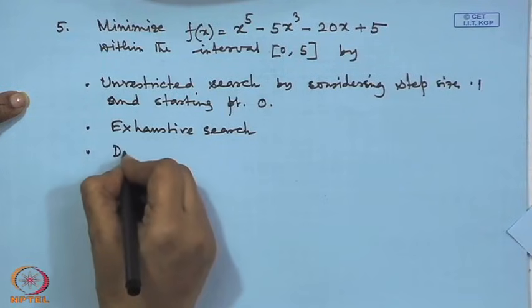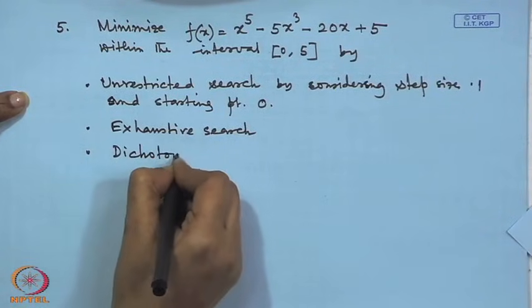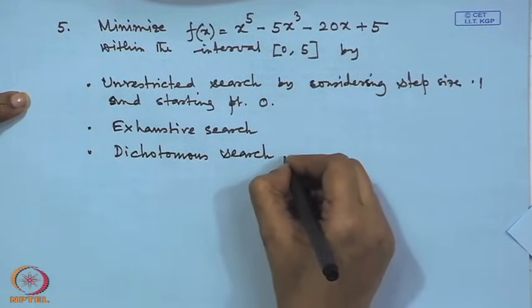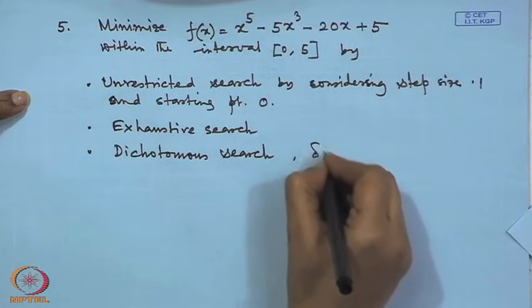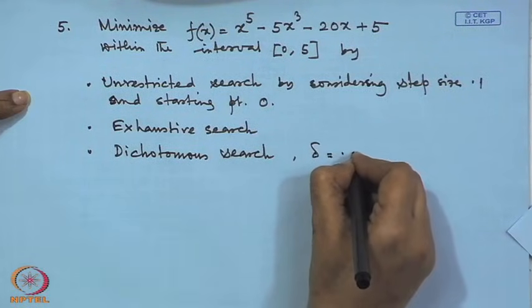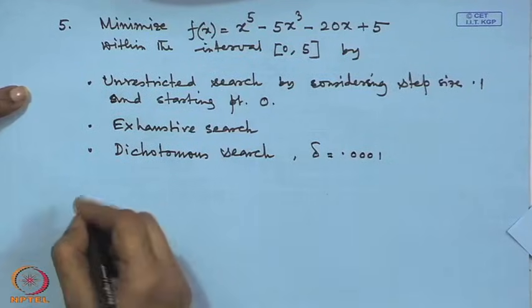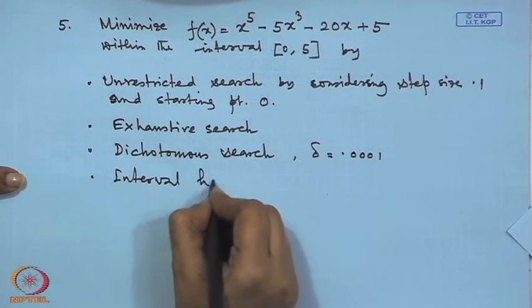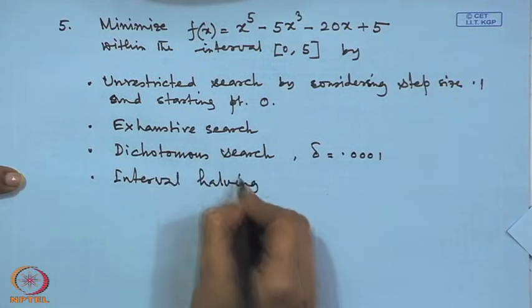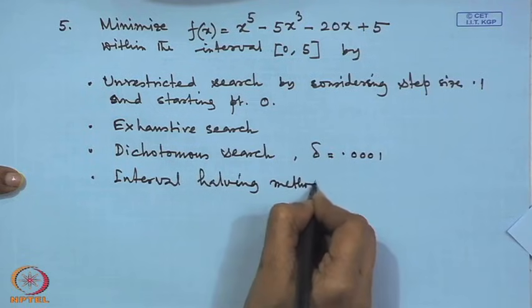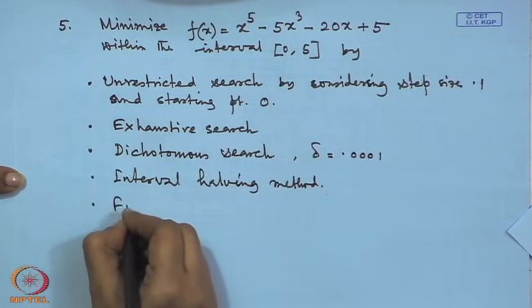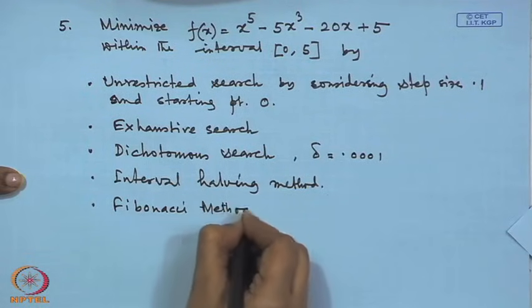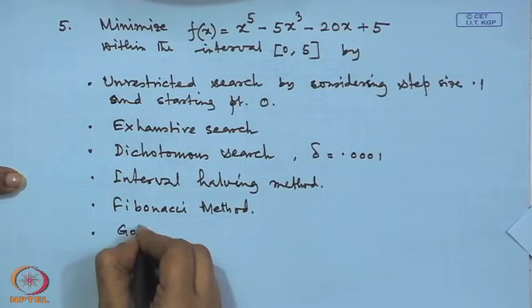We can apply the dichotomous search. And as we know, there is a parameter for dichotomous search. We can consider a very small value for delta, that is 0.0001. We can apply the interval halving technique. Apply the Fibonacci method. Apply the golden section method.